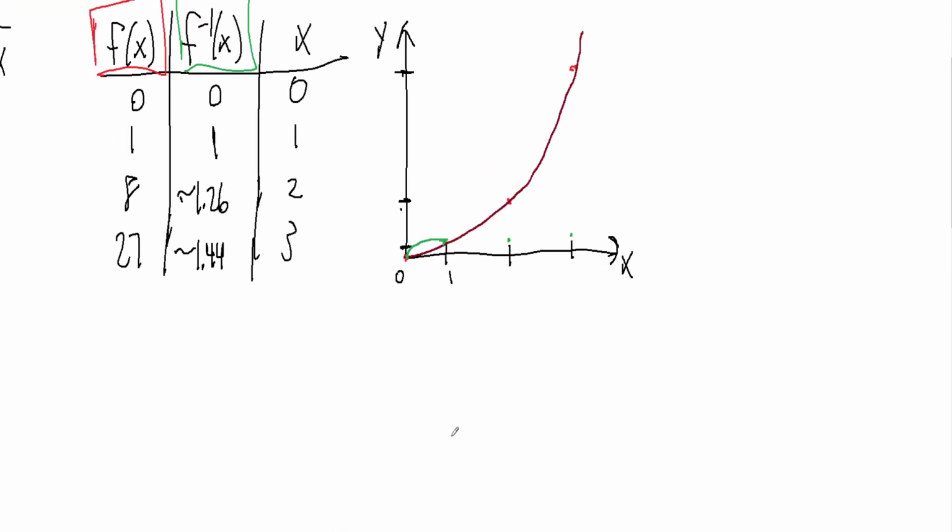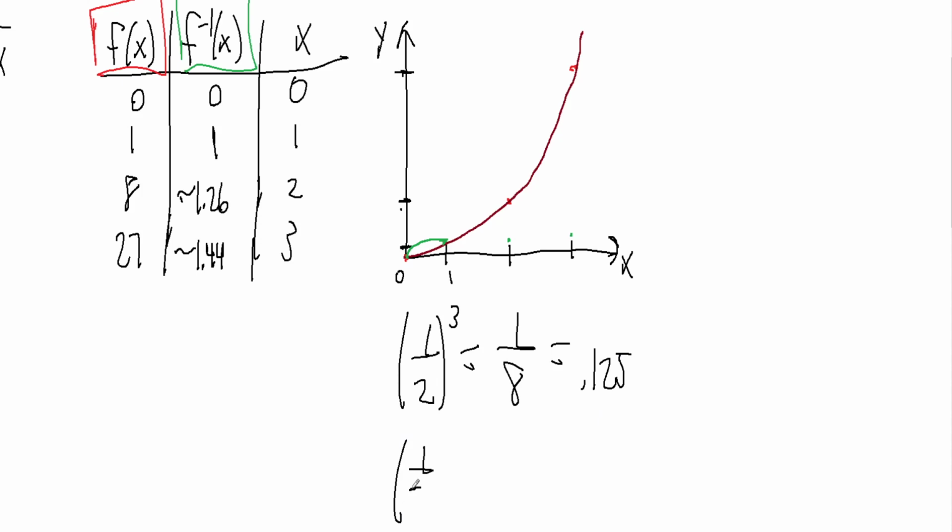So if you take 1/2 cubed, you'll get 1/8, which is 0.125. But if you take the cube root, you end up with a decimal that's approximately 0.7937.